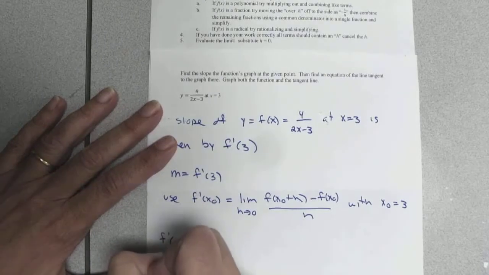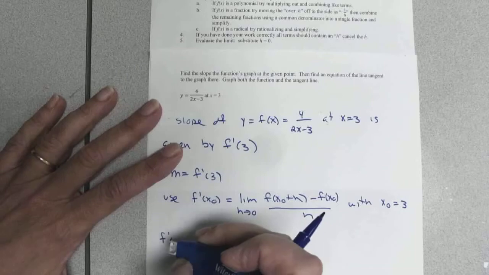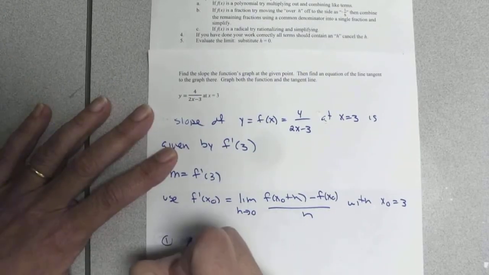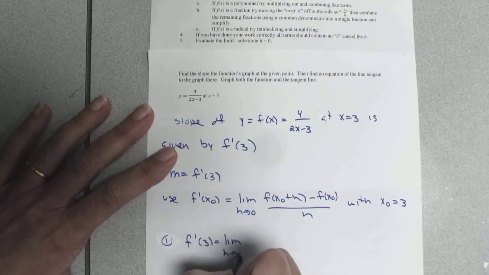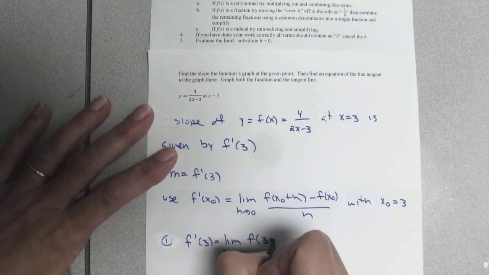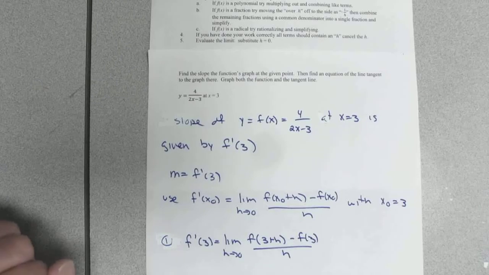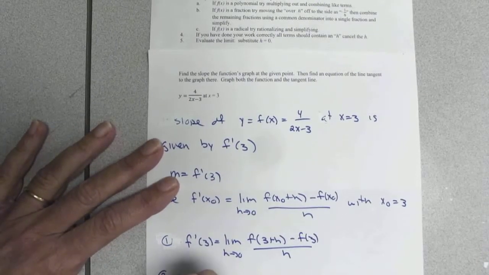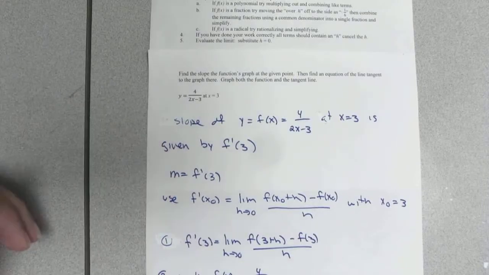So, first thing I'm going to do, and I've got my steps up there, so we'll label this guy step 1. And I'm going to replace that x naught with a 3. 3 plus h minus f of 3 all over h. So there's step 1. Step 2, we're going to apply that f of x is 4 over 2x minus 3.